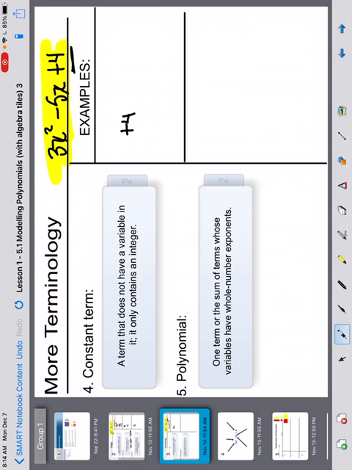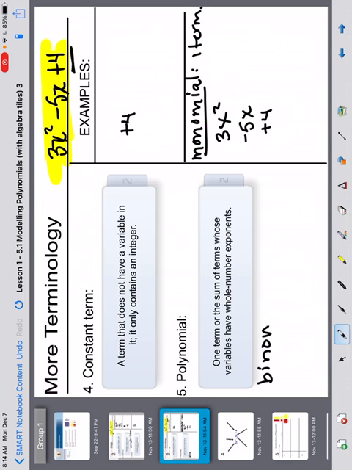And a polynomial, we're going to see in three different forms. We have a monomial, which means there's only one term. So 3x² would be a monomial, −5x would be one, and +4 would be one. A binomial would be two terms.